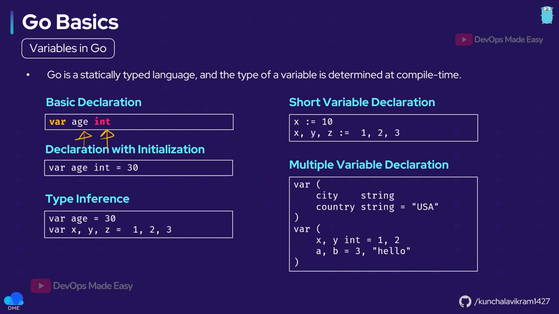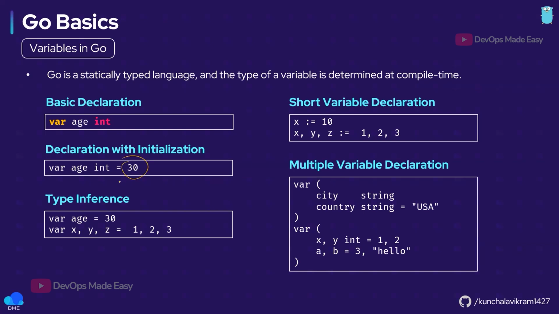So here I'm just declaring an integer variable with name age, but I'm not assigning any value, which means I'm not initializing it with any value. Okay, so in the next line, what I did is var age int equal to 30, which means I'm declaring with some initial data, which is set to 30.